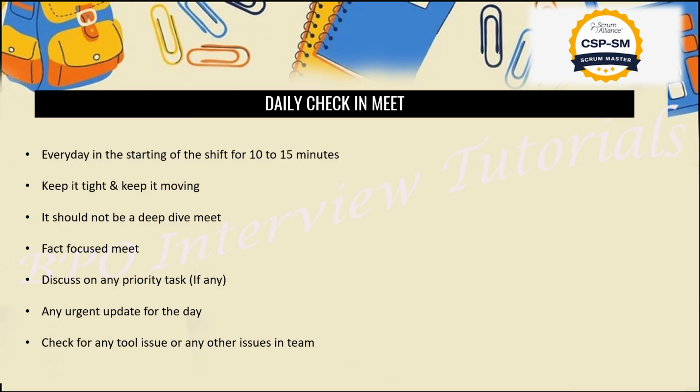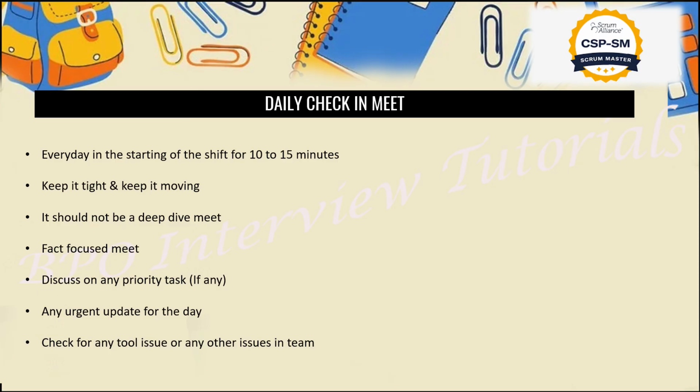The team leader can conduct this meet in the pre-shift, or if the shift starts in the morning at 9 a.m., then by 9:10 or 9:15 he can start this meet, because he even needs 5 to 10 minutes to check his or her emails, so that on the basis of the emails he can share information and updates with the team.